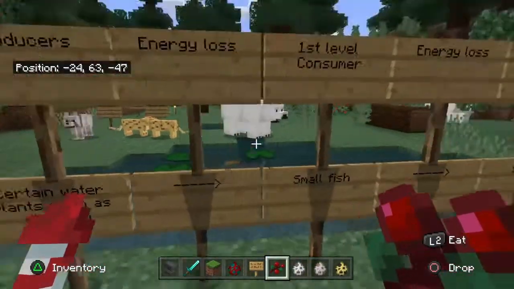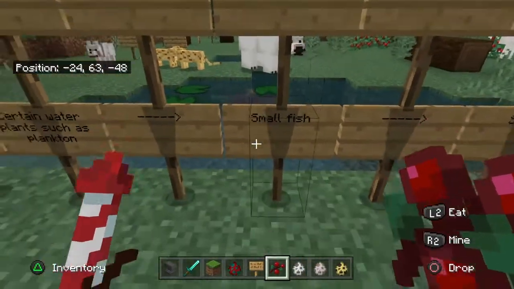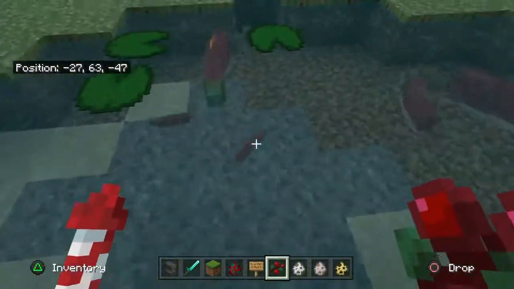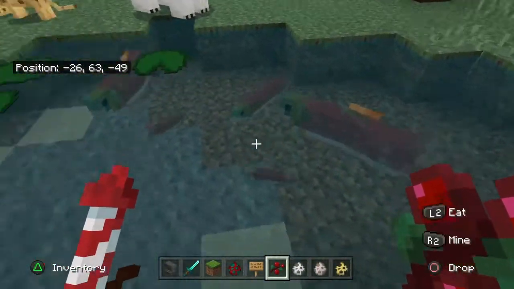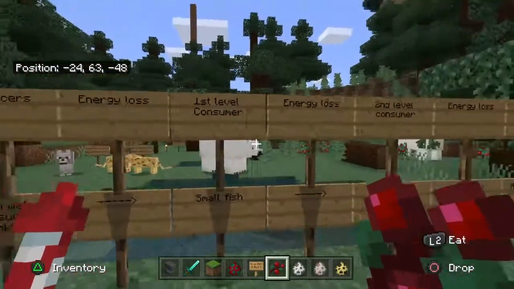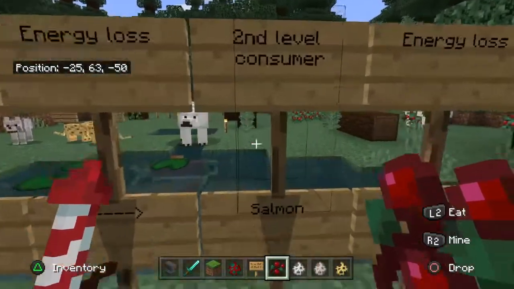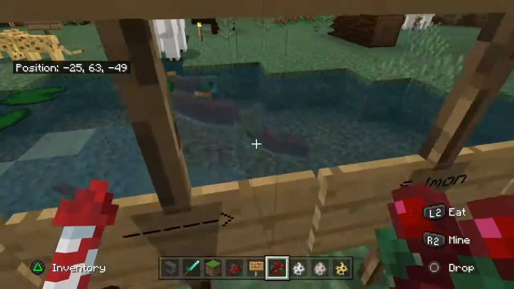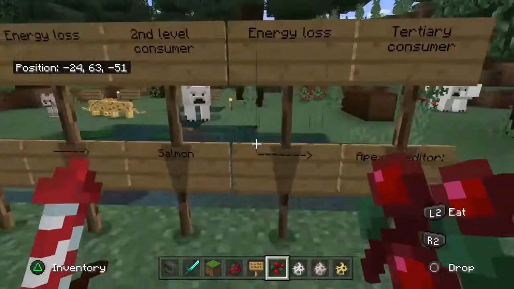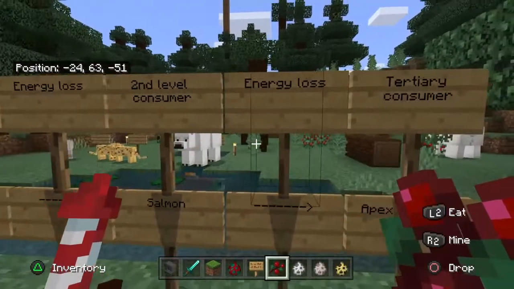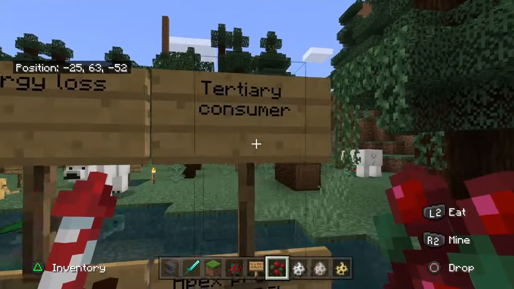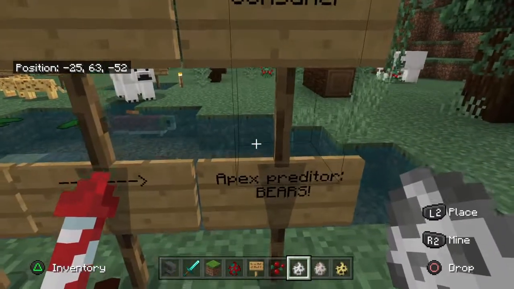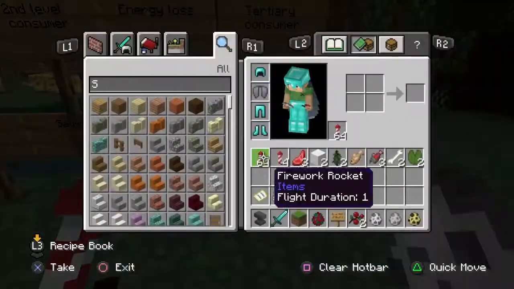And then we have energy loss, and then first level consumer, which is small fish, which are those red fish going around. And then we have more energy loss, and then second level consumer, which is our salmon, which are the big fish. And then we have more energy loss, and then the tertiary consumer, which is our apex predator, which is bears.